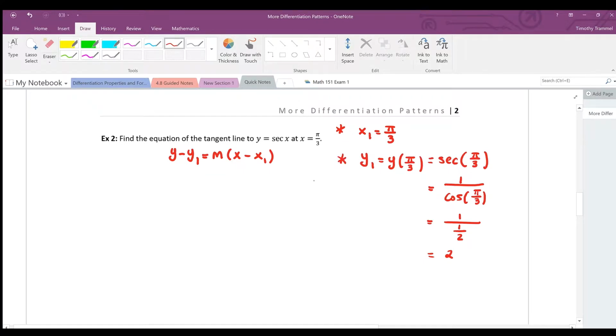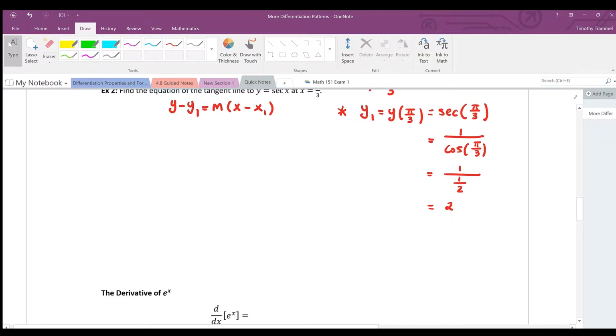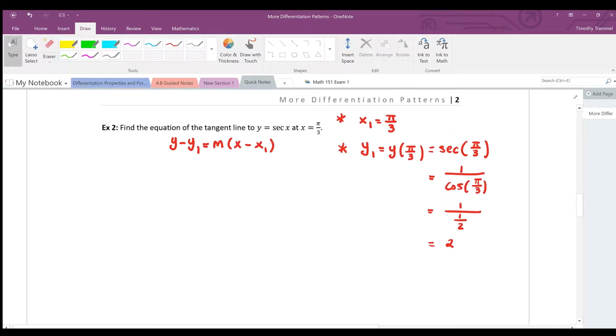The only other thing we have left is to find the derivative. That way we can figure out what m is. So let's see here. I will, I suppose, squeeze this in right here. So we have y equals secant of x.